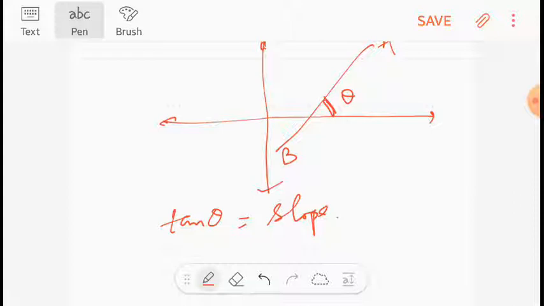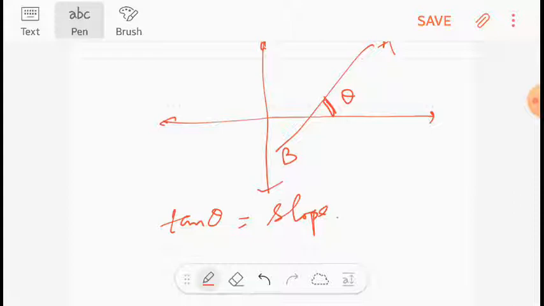So the numeric value tan theta is called the gradient or slope of AB. This denotes how much the line is inclined with respect to the axis.